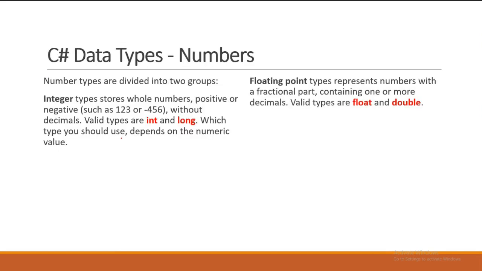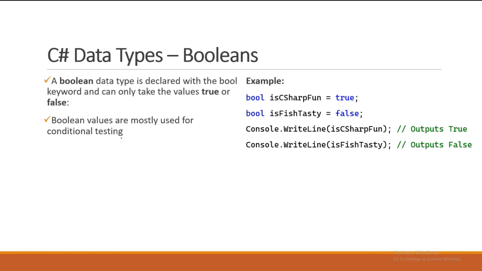The numbers, the integer and the floating point numbers that we are going to use, and booleans that can take true or false as a value. Here it will output true and the other output will be false. We are going to use the boolean in most cases in conditional testing.